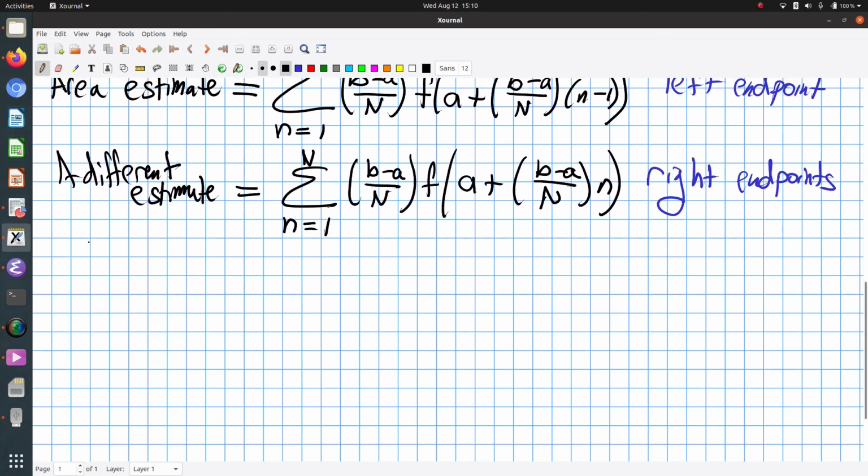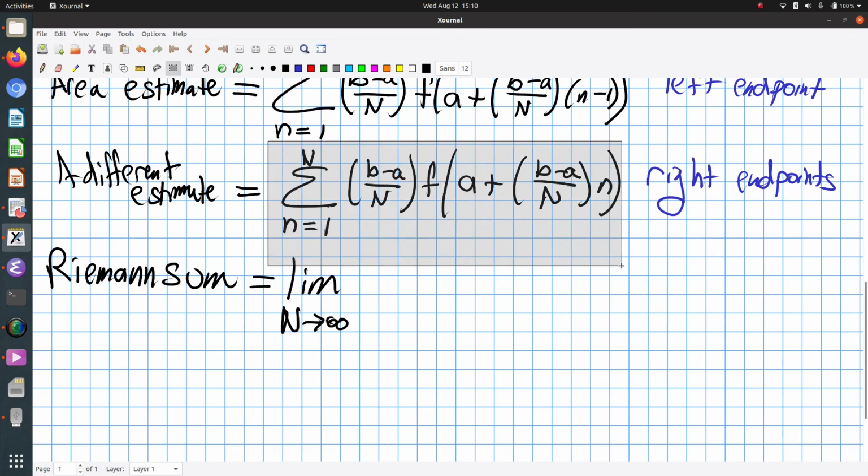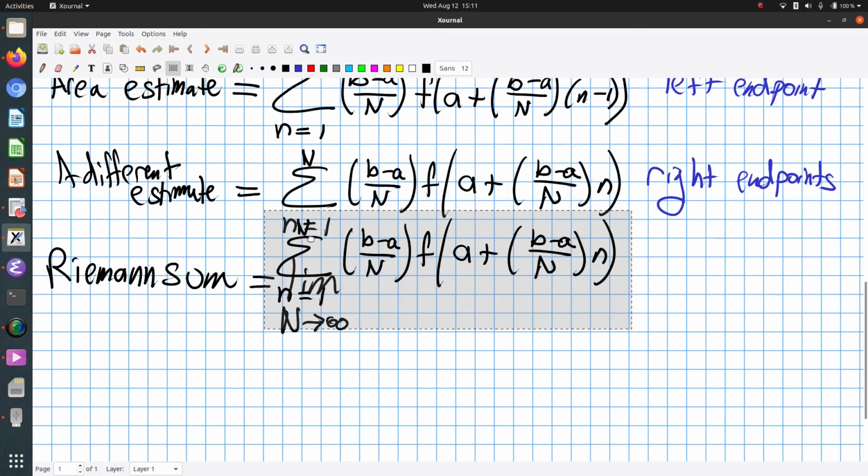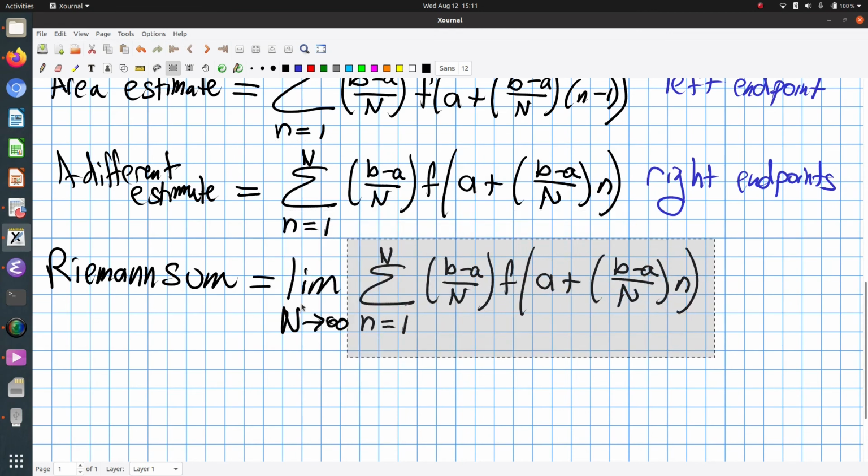And so the Riemann sum is the limit as capital N goes to infinity of either one of these formulas. So let me just grab the right endpoint formula. The Riemann sum is that.